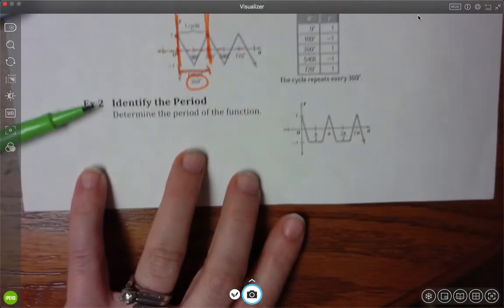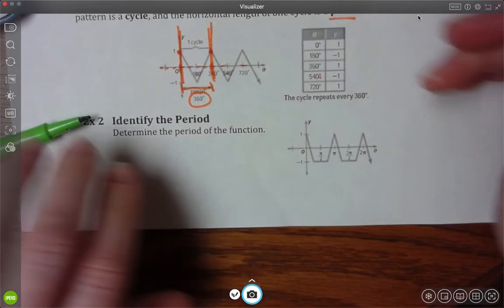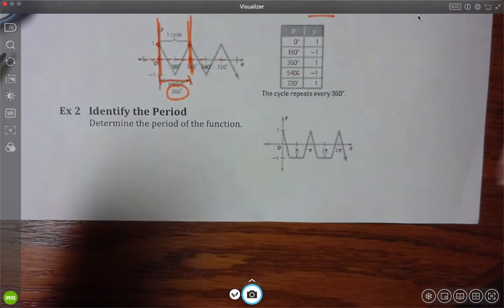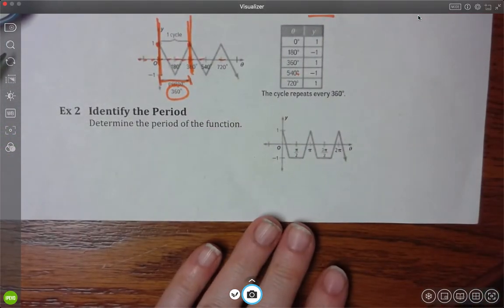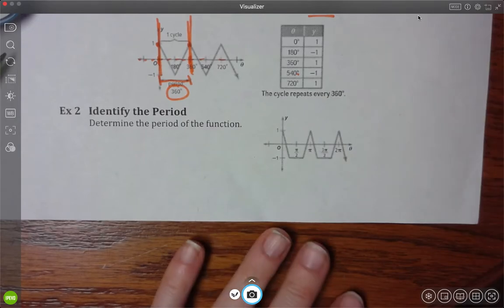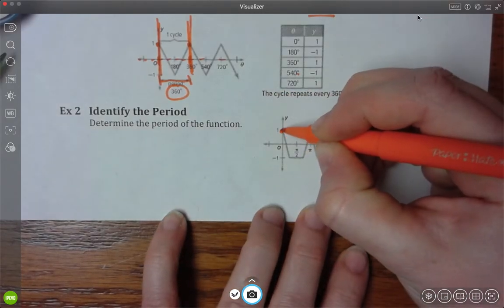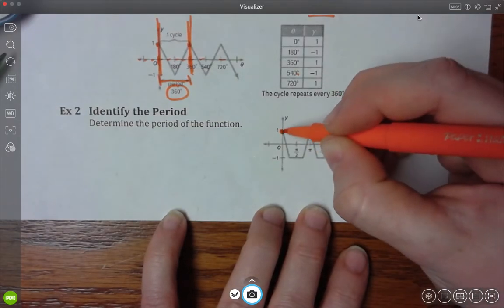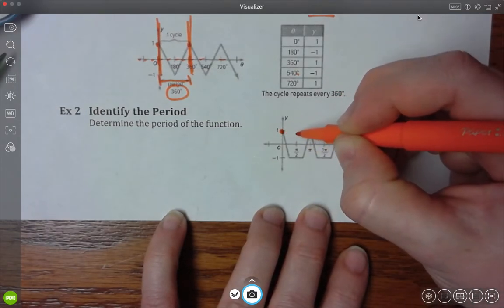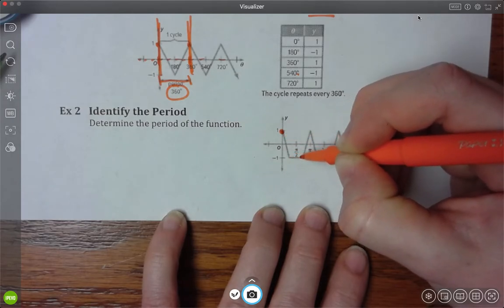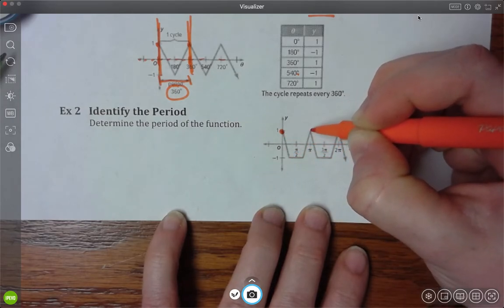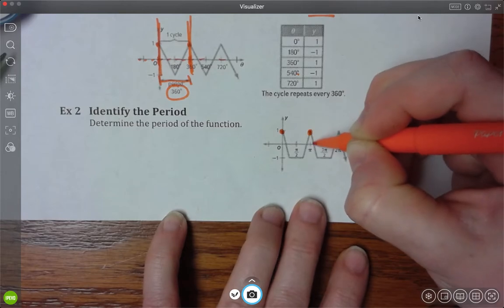So example 2, determine the period of the function. They want us to figure out how wide that section has to be in order for it to start back over again. So I look at where it starts. It starts up here at 1, okay? And how far do I have to go before it gets back up to 1 again? It's going down, over, coming back up, and now it's back here again, and then it starts back over again.